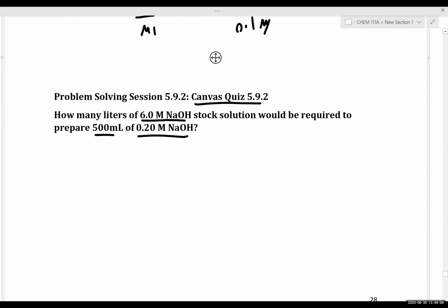This is a critical skill that you need to develop for understanding solution preparation. Let's take about 2 minutes to work through this problem, and make sure we're completely solid on these dilution calculations, and we'll discuss momentarily.